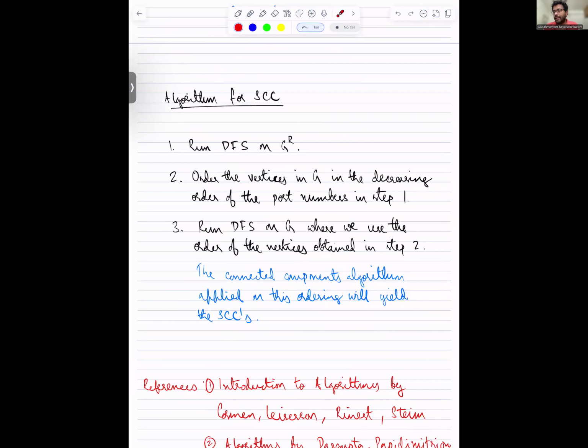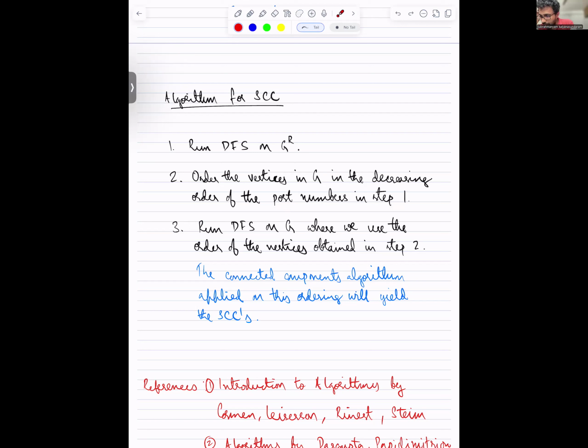So basically, we are doing depth first search twice. The first time on the reverse graph, and the second time on the original graph itself, but in the ordering dictated by step one. The post numbers in step one give us an ordering, and that's what we use in step two.